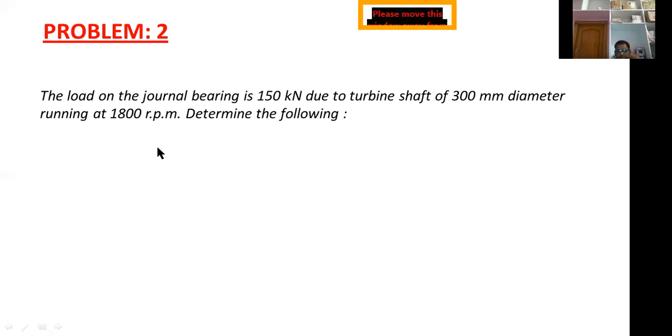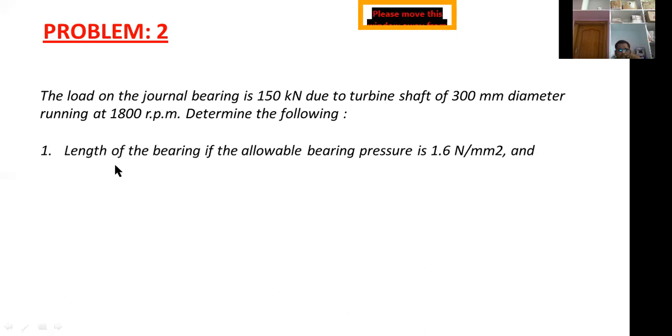Determine first the length of the bearing, if the allowable bearing pressure is 1.6 newton per mm square. Here in the first case you have to find the length of the bearing required to support the bearing pressure 1.6 megapascal, that is P equal to 1.6 newton per mm square.